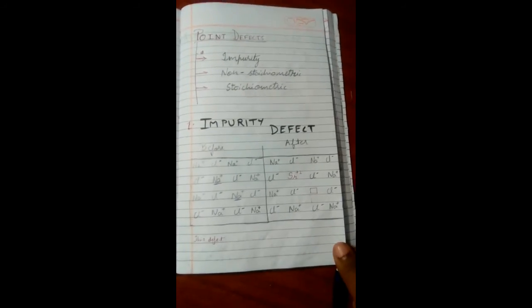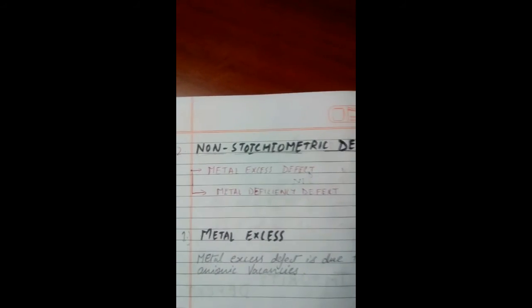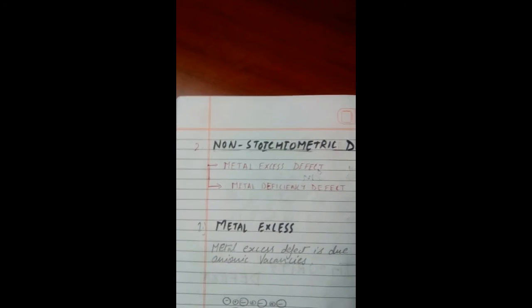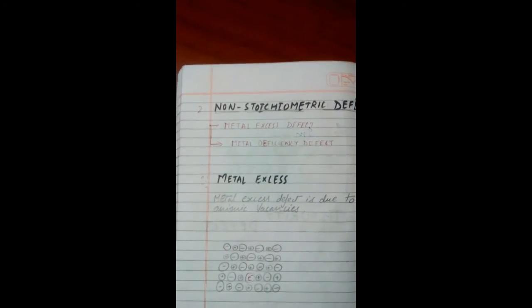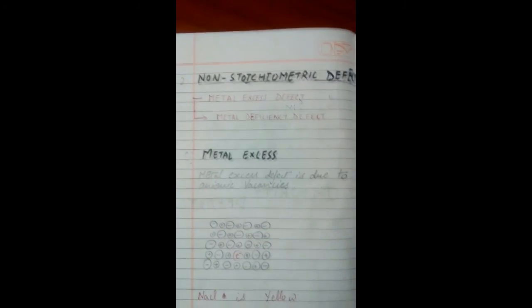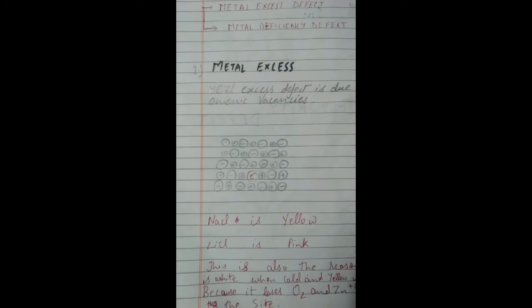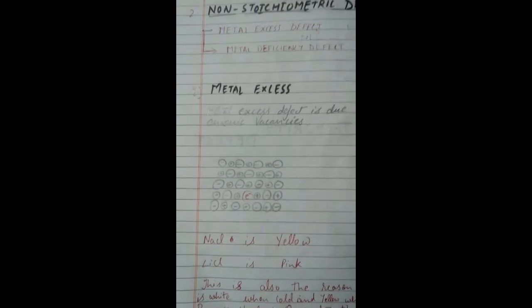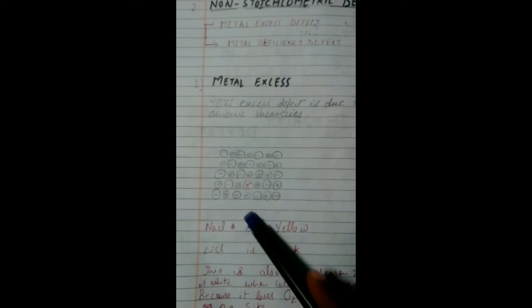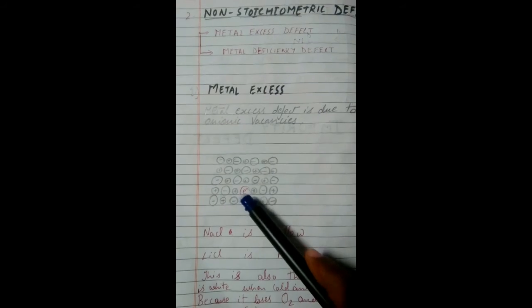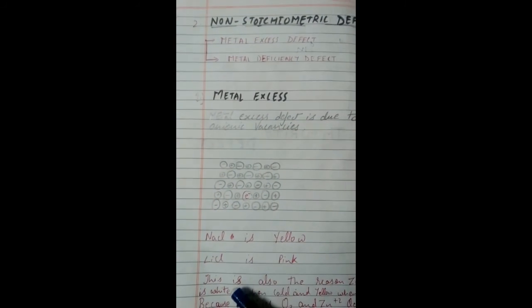Now moving on to non-stoichiometric defect. Non-stoichiometric defect is further subdivided into metal excess defect and metal deficiency defect. Metal excess defect is due to ionic vacancies. This is due to absence of an ion from a lattice site, leaving a hole which is occupied by an electron to maintain electrical neutrality.